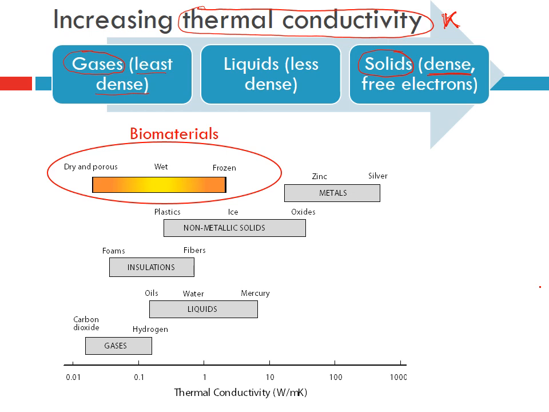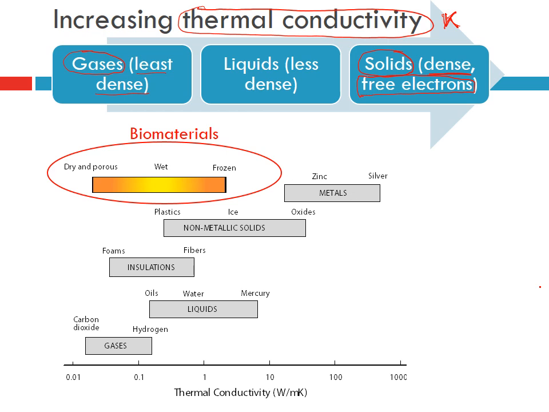On top of that, some of the solids, the metals, have free electrons with them. Now the free electrons are mobile and they can also carry energy. So these also add to these materials being higher conductivity.